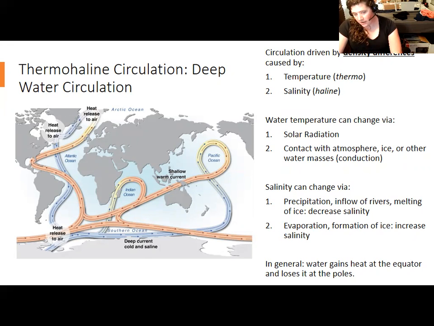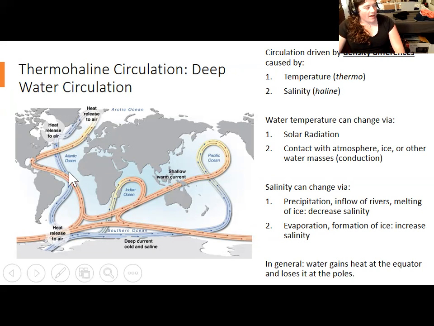How salty a particular part of the ocean is can be changed by inflow of rivers or melting of ice, which will release fresh water into the system and decrease the overall amount of salt dissolved in the water. Or you can evaporate water, taking away water as water vapor, or freeze some of the water, taking away water as ice, excuse me. And whatever liquid water is left becomes saltier.